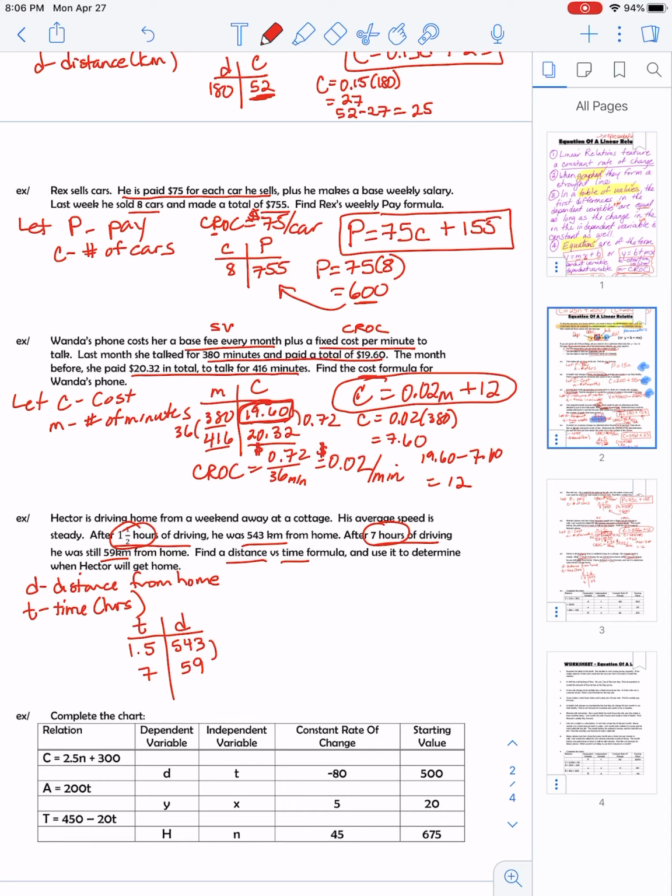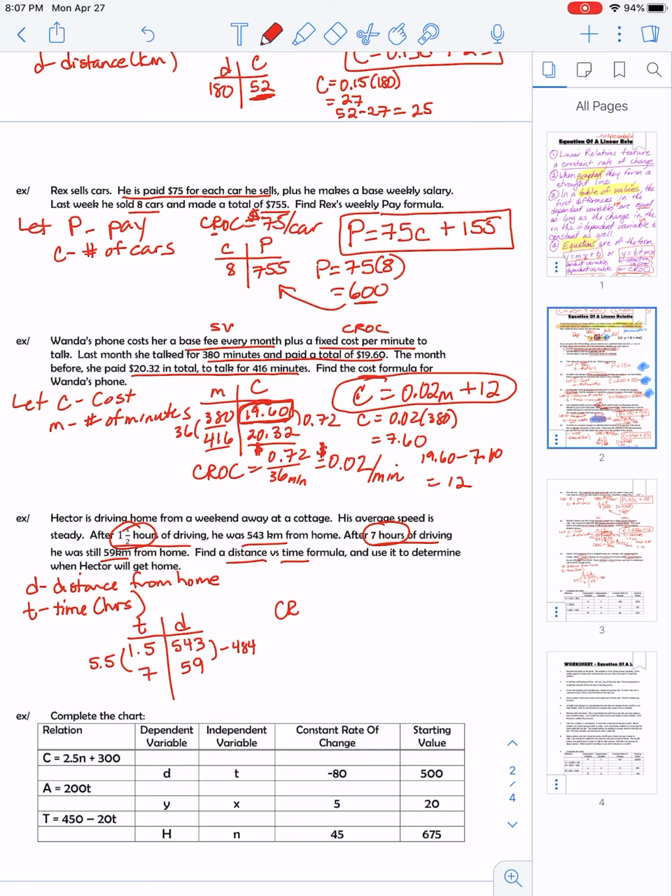So to get from 543 to 59, so 59 minus 543, that's going down by 484 kilometers. And then 7 minus 1.5, that's going up by 5.5 hours.